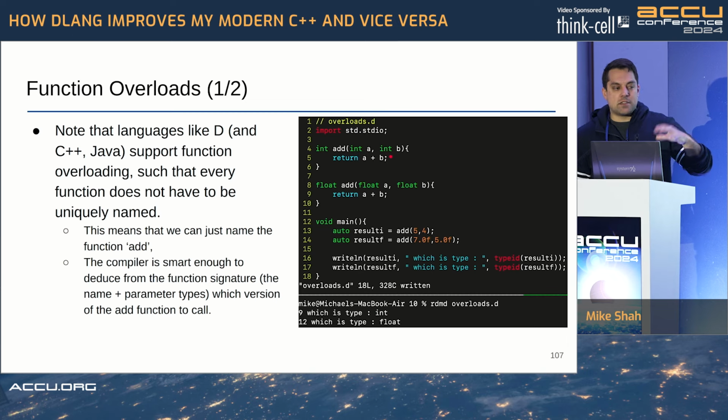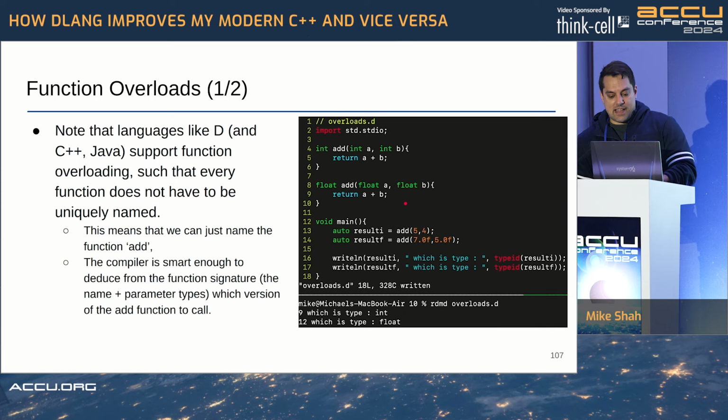So again, I think there's a talk going on concurrently right now with class template argument deduction. So D can do that with classes, and with functions, it has implicit function template instantiation, these fun acronyms, for calling the right type here.